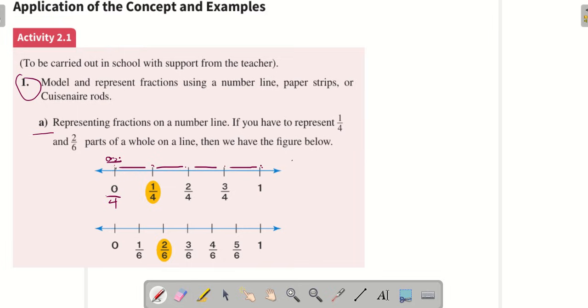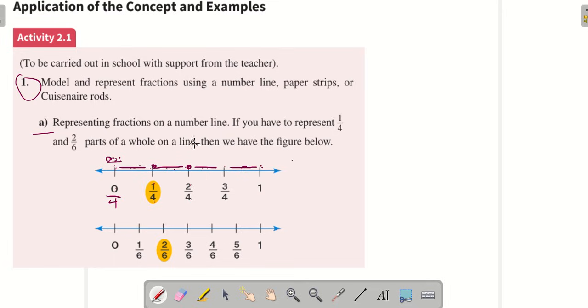Then now you move 1 unit. When you move 1 unit, you have just moved one out of the entire 4 parts. So 1/4. Then when you move from here to here, it means that you have moved twice out of the entire distance, which is 4. So 2/4.